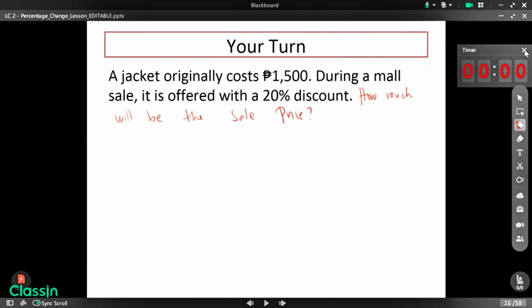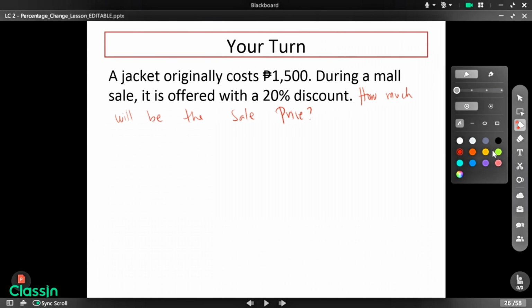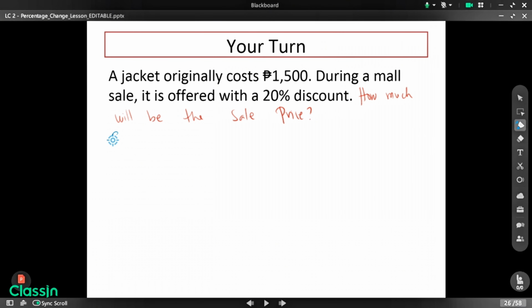Okay, time's up. Now let's solve and check if you've got it correctly. So given, the original price will be 1,500 pesos and the discount rate is 20%, and in decimal it is 0.20, and we need to find the sale price.